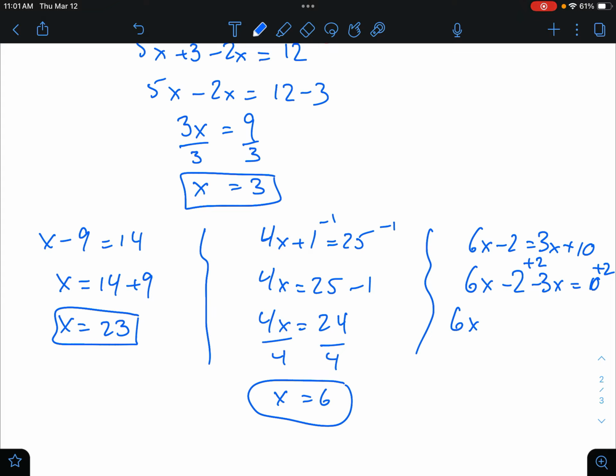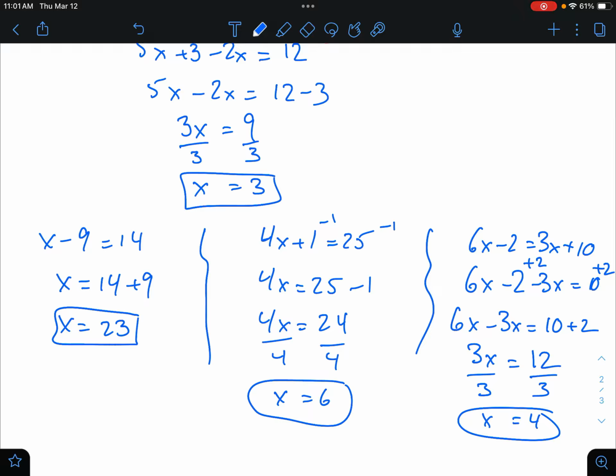So this becomes 6x minus 3x equals 10 plus 2. And now we combine our like terms. 6 minus 3 is going to be 3x. 10 plus 2 is going to be 12. We're going to divide both sides by 3 because we need to get rid of that 3. And we get x equals 4. So that's your final answer right there.